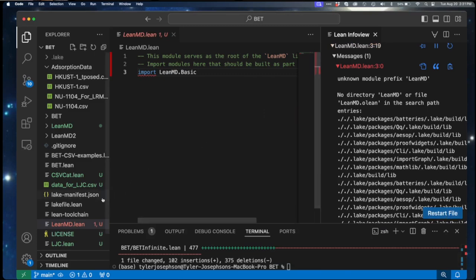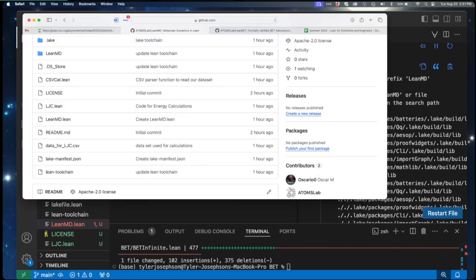Let me get the lake file. Oh, I don't have the lake file locally.